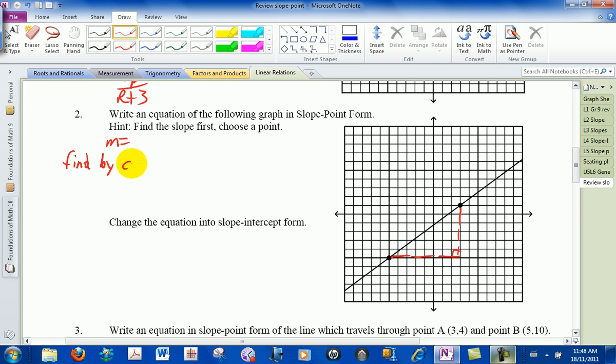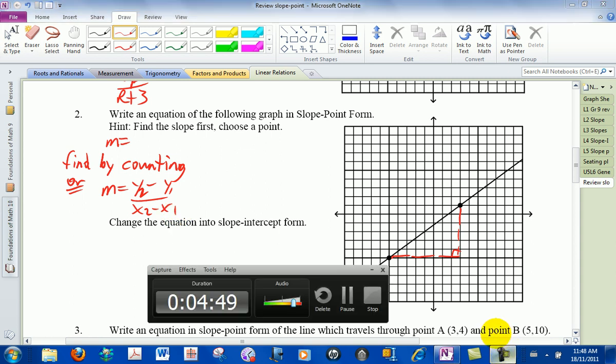So find it by counting, or use the formula m equals y2 minus y1 over x2 minus x1. Okay, go ahead, find the slope. Go.